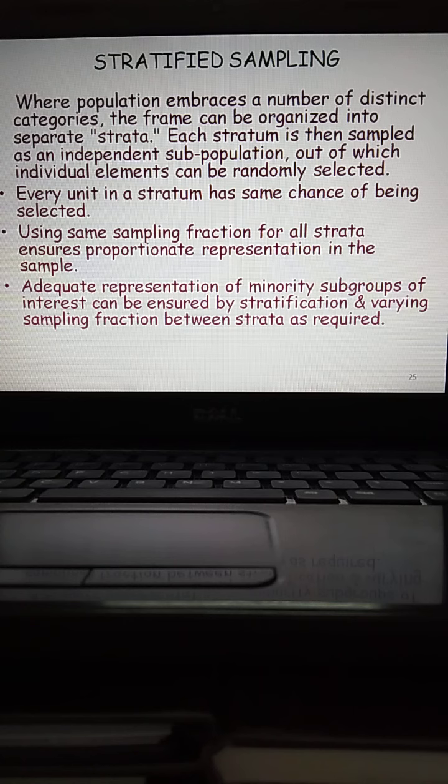That means a few carrots will be selected, a few tomatoes, a few radishes, and a sample will be formed. All these activities are known as stratification.